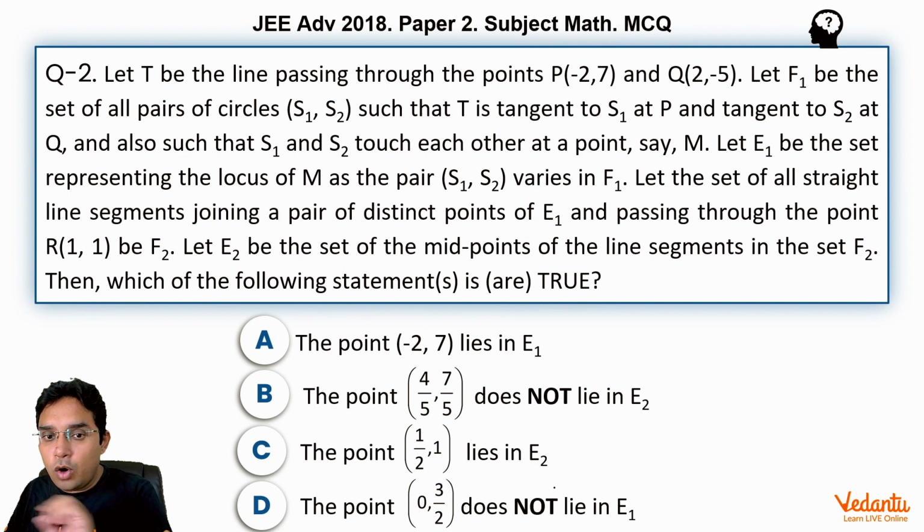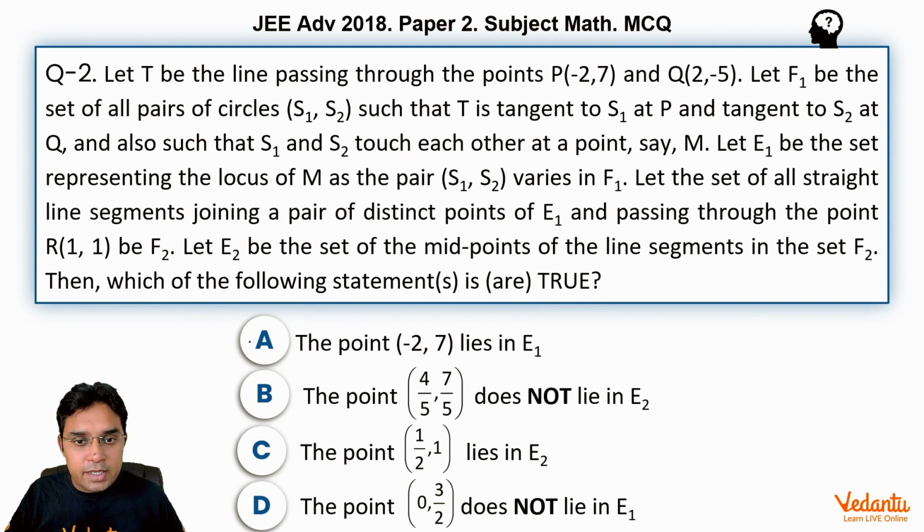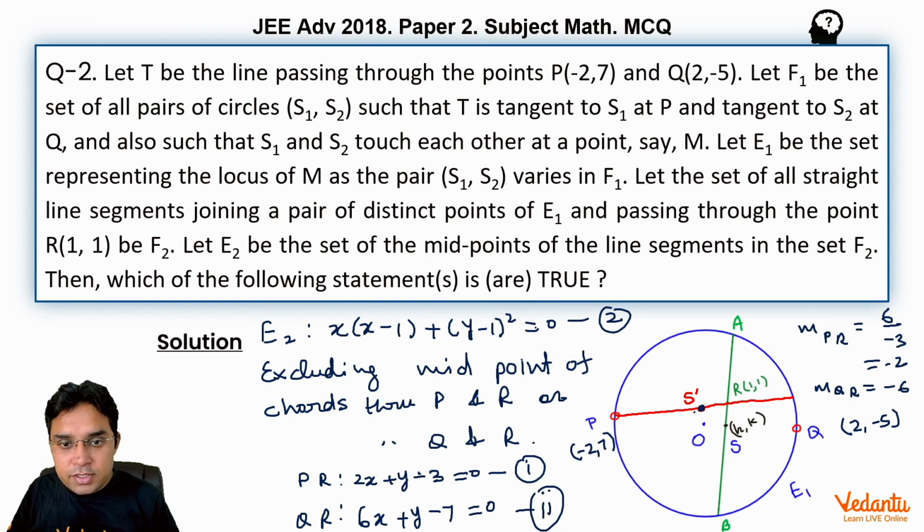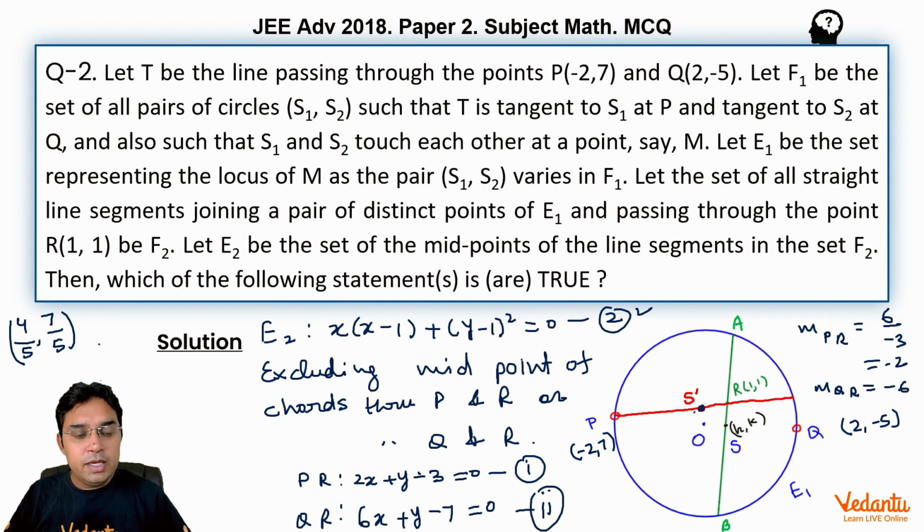Okay, let us read those options first. Option A we have already seen is wrong. D was correct. Let us now read option B, which says point (4 by 5, 7 by 5) does not lie in E2. If I put 4 by 5, 7 by 5 in equation number 2, we can see it satisfies the equation: 4 by 5 into minus 1 by 5, so minus 4 by 25, and 7 by 5 minus 1 is 2 by 5, whole square will be 4 by 25.